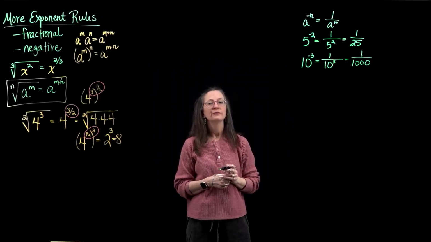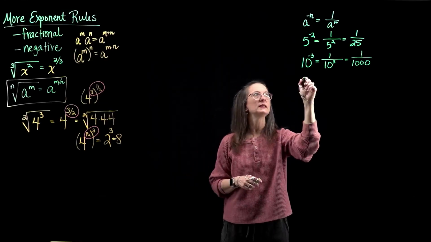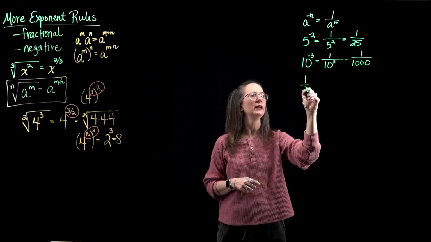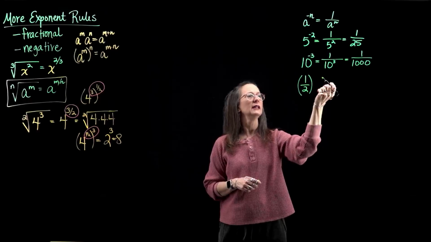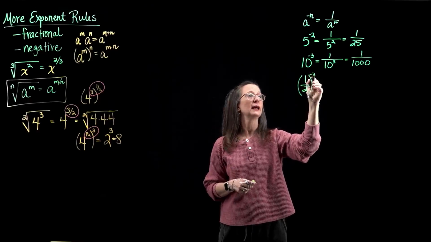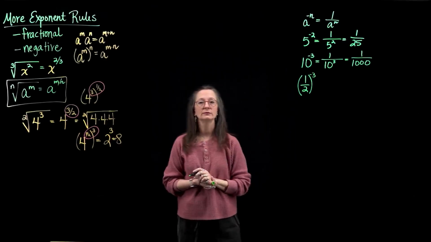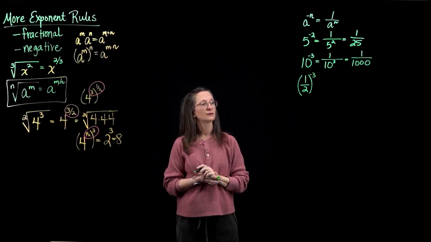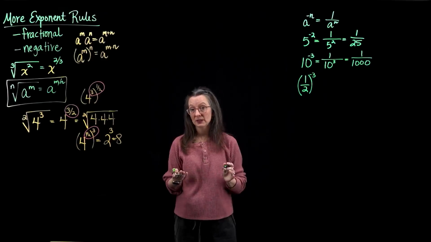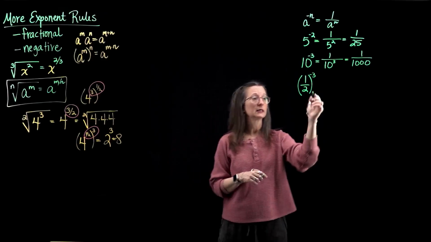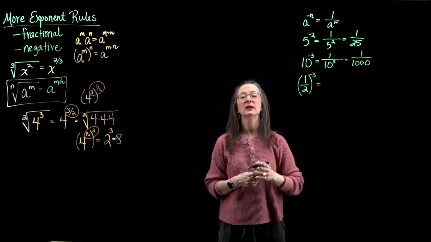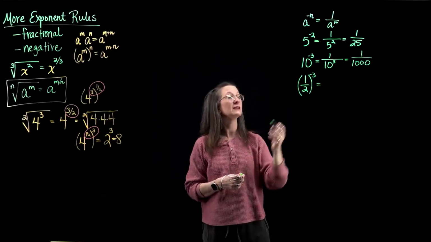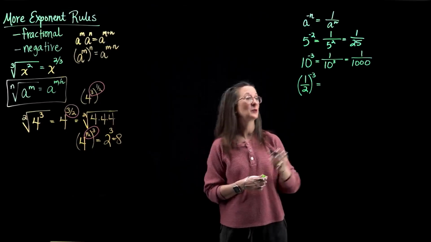Okay. Let's look at one that's a little bit different. What if I had 1/2 and it got raised to the negative 3 power? There are 2 steps here. One is that negative 3 needs to be applied to everything inside the parentheses.